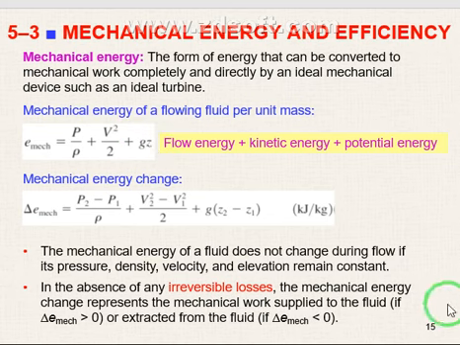If you want to study the mechanical energy change, like changing grades, etc., it's simple. Now in this situation, you must have case 1 and case 2, P1 and P2, V1 and V2, Z1 and Z2. That's how you can understand the change in the mechanical energy concept.